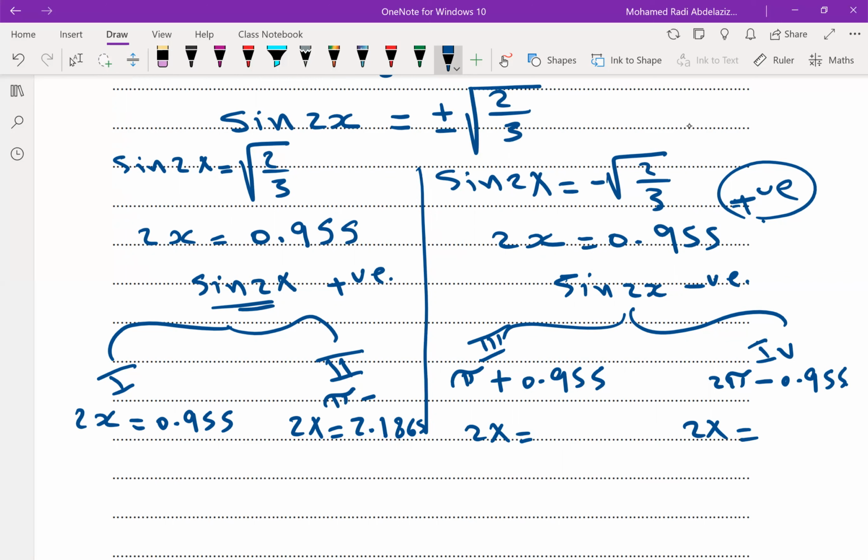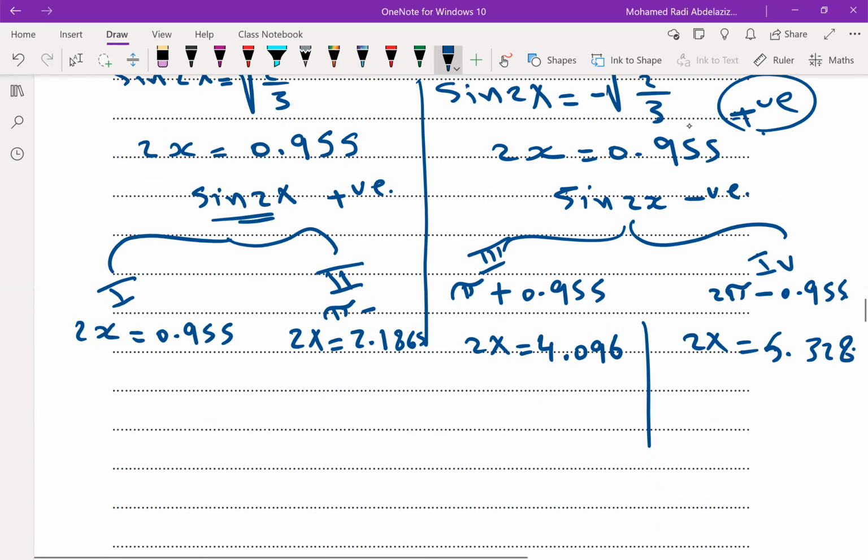For the first one, pi plus 0.955, so the answer is 4.0965. And 2 pi minus 0.955, so the answer is 5.328.